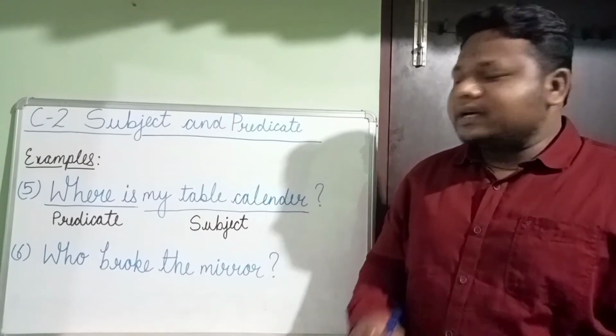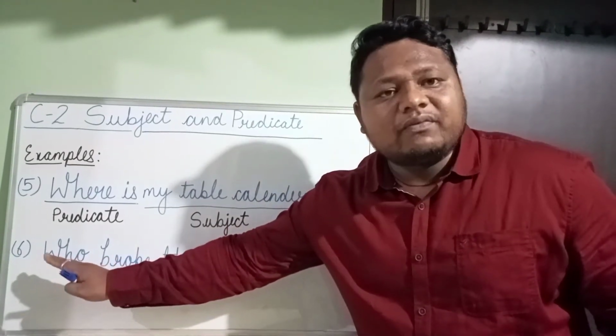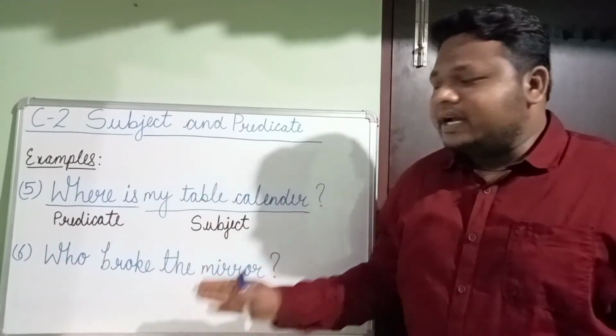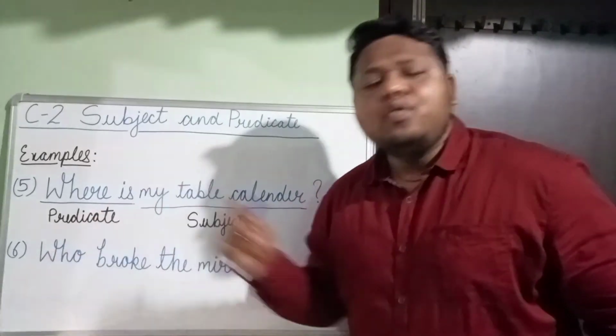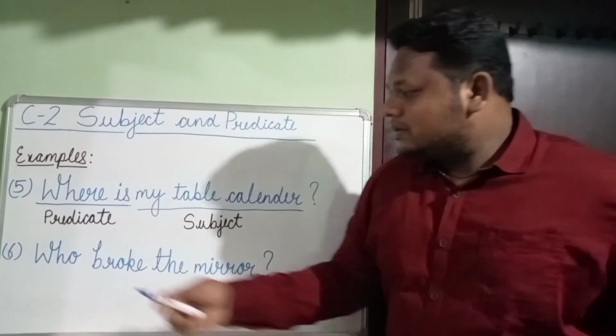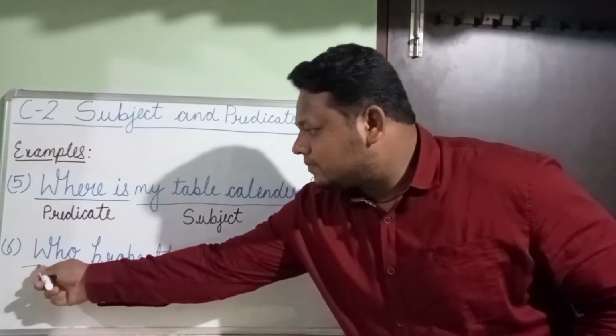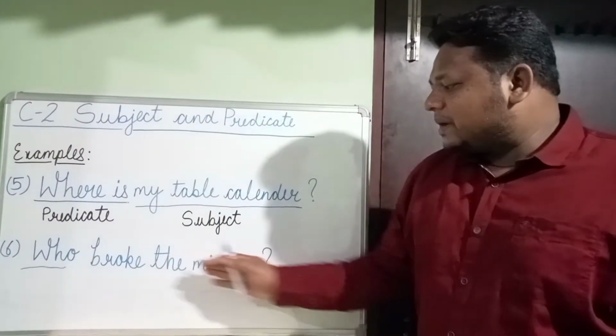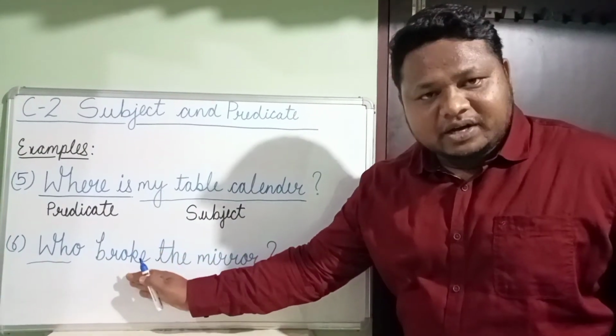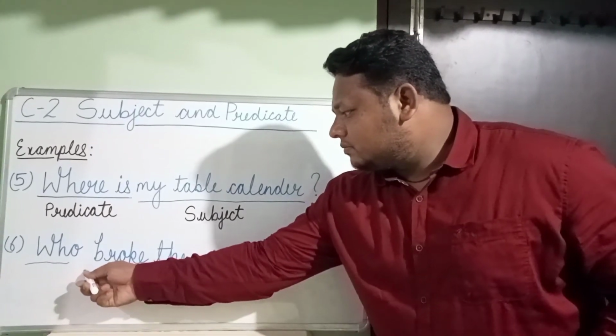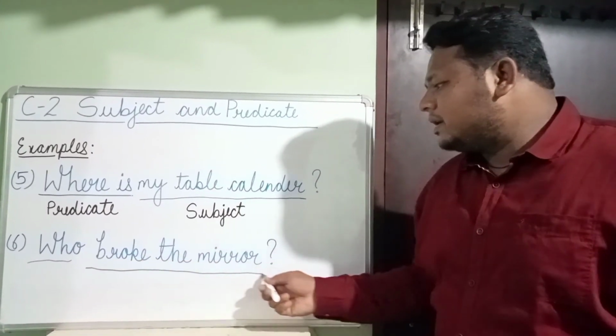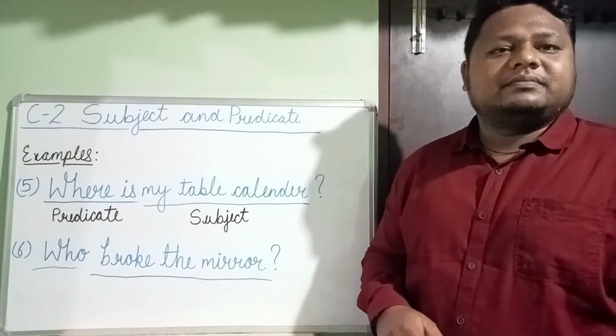Whatever will be the answer, it will be placed in place of who. So here in this sentence, who will be our subject. And this part of the sentence containing a verb, broke, becomes our predicate.